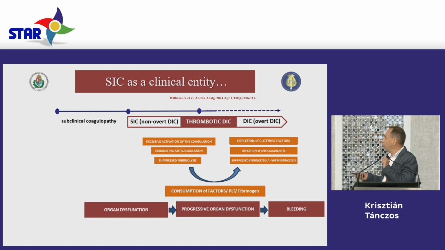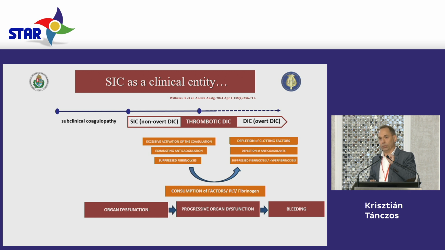But it is important to know that at this phase, there is already the consumption of factors, especially the anticoagulants, but without the depletion of the procoagulant factors. That's why the manifested picture is the organ dysfunction, the microthrombosis, and the bleeding does not occur yet.